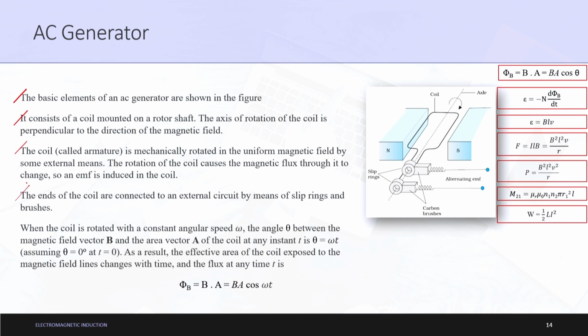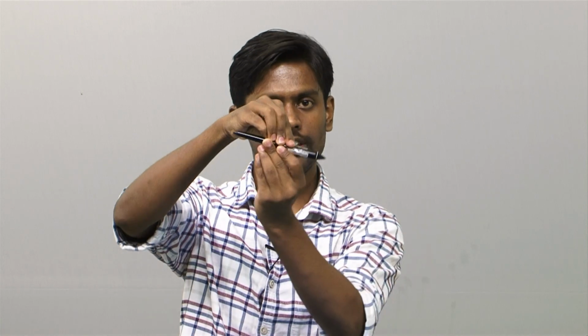Let us move on to the last concluding point of this slide. Please look carefully here. When the coil is rotated with a constant angular speed omega, please make sure that the magnetic field B is also uniform, and the rotational velocity with which the area is being moved is also constant. It is not varying with time.